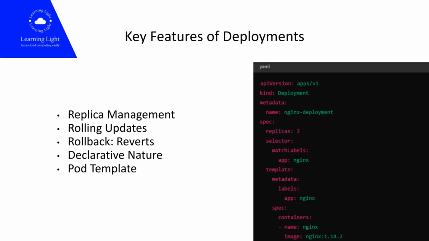We can revert to the previous deployment version if the current one is not stable. Deployments allow users to declare the desired state of the application and Kubernetes will manage the rest. And the pod template specifies the configuration for the pods, such as container images, labels, and environment variables.